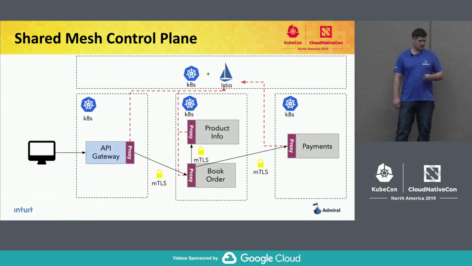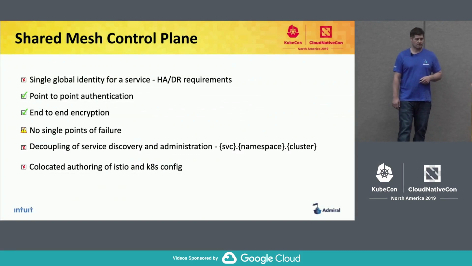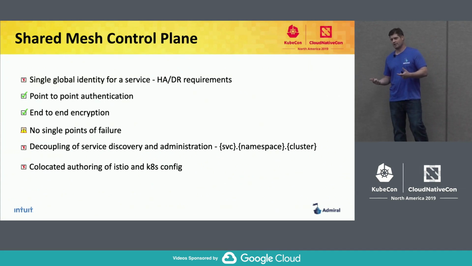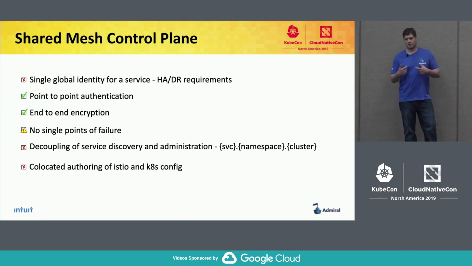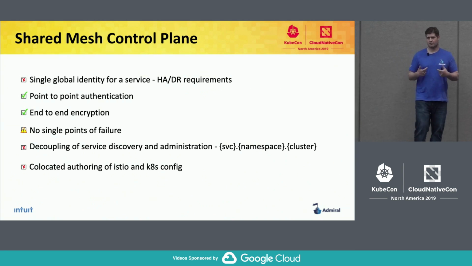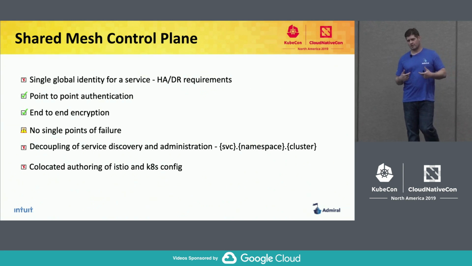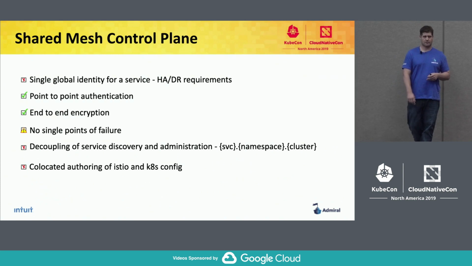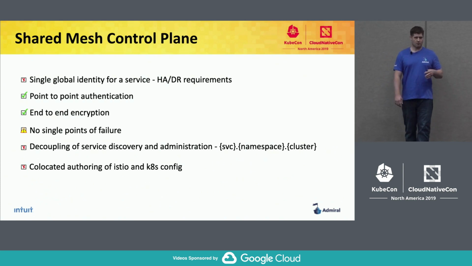But this setup didn't quite meet all of our requirements. We didn't do anything here to identify a workload that's being deployed in separate namespaces. Actually, with some of the mesh network functionality, the way it's deployed wants you to keep those things the same. But we got the point-to-point authentication and end-to-end encryption with this deployment. The single point of failure is a warning sign.